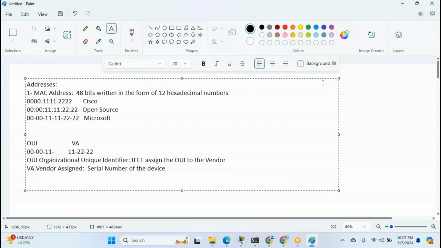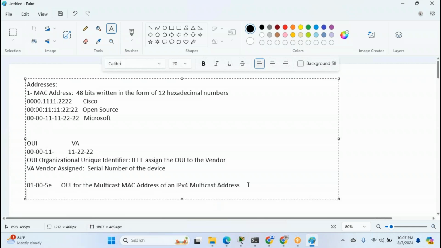Other than this, MAC addresses starting with 01005E are IPv4 multicast addresses. So this is the OUI for an IPv4 multicast address.